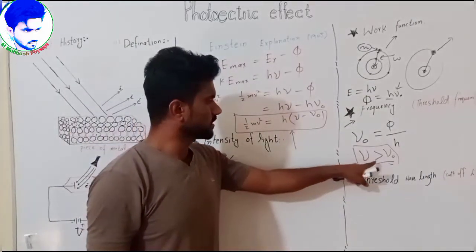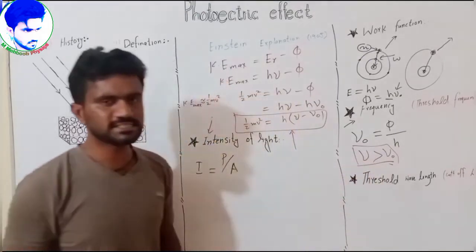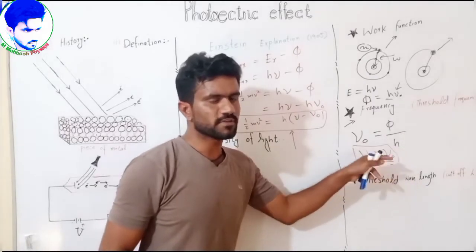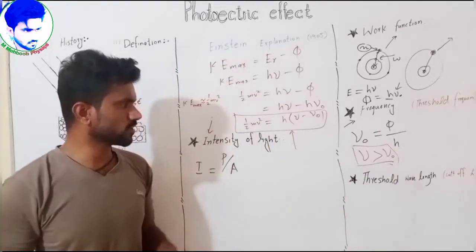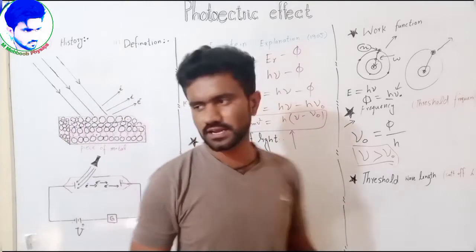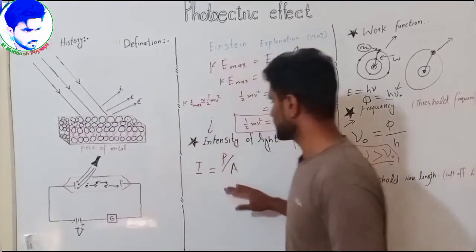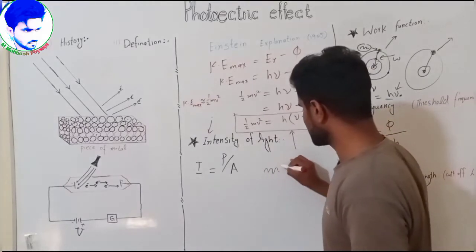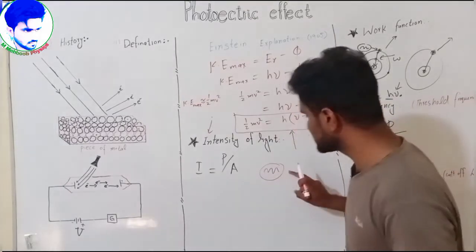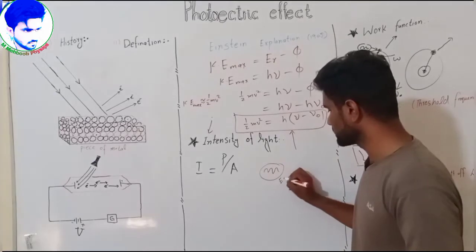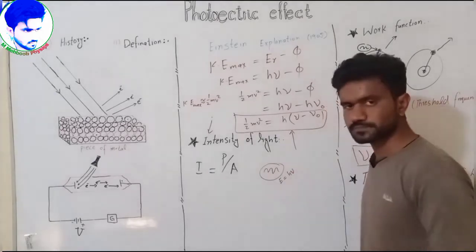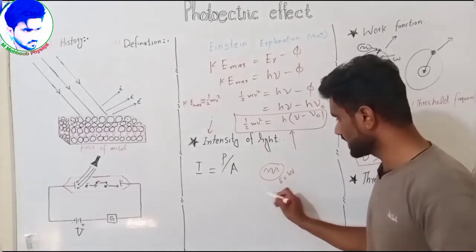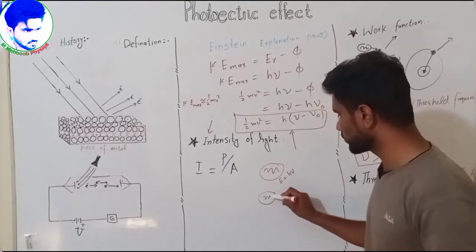If the frequency of the incident light photon is less than the threshold value, then we cannot perform the photoelectric effect. Even if we increase the intensity by much, the energy of a single photon will remain the same. If a single photon of light has the energy h nu, then by increasing the intensity of the light, it means that we are going to increase only the number of photons.